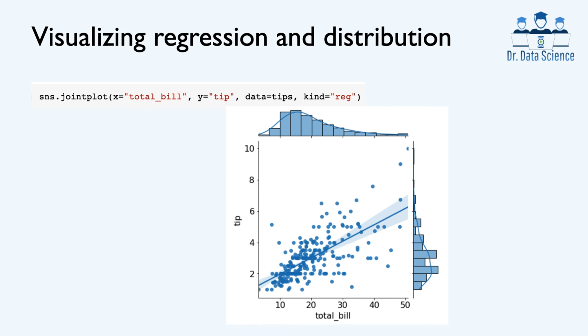But in addition to plotting the regression line, this function will plot the histogram or the distribution of each variable, as you can see in this figure. So this is very helpful when you want to both look at the correlation between the two variables and also understand the distribution of each variable.